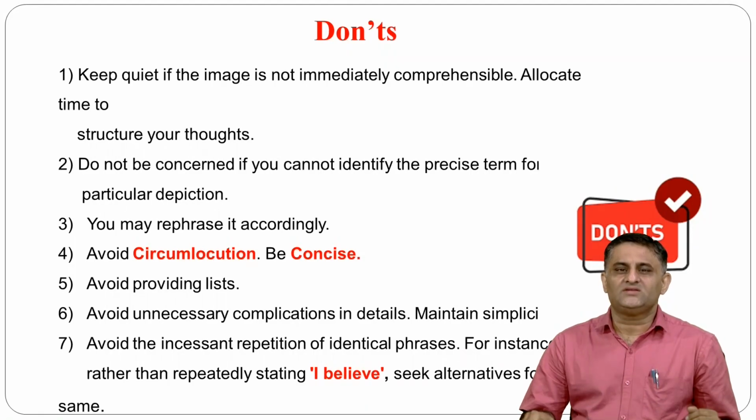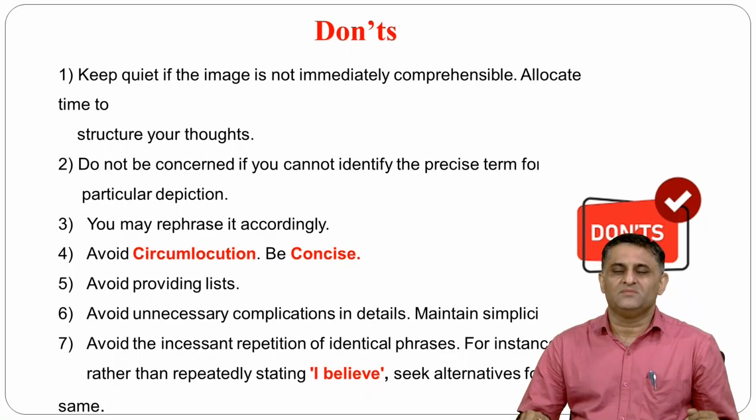To organize your thoughts, don't worry if you cannot find the exact word, rephrase it in a simple way. Be clear and concise, avoiding long-winded explanations or unnecessary lists. Keep your description simple and easy to follow.